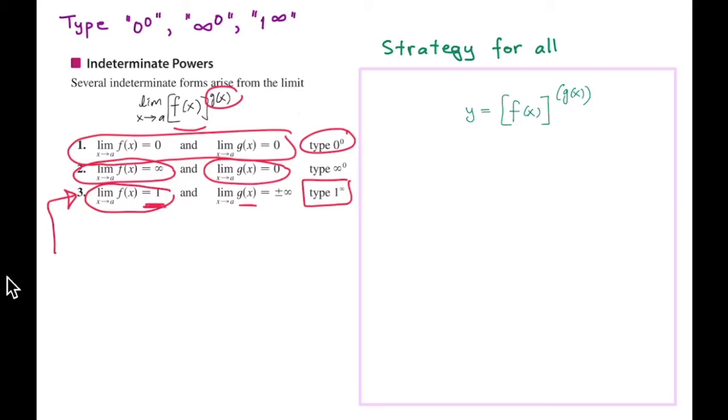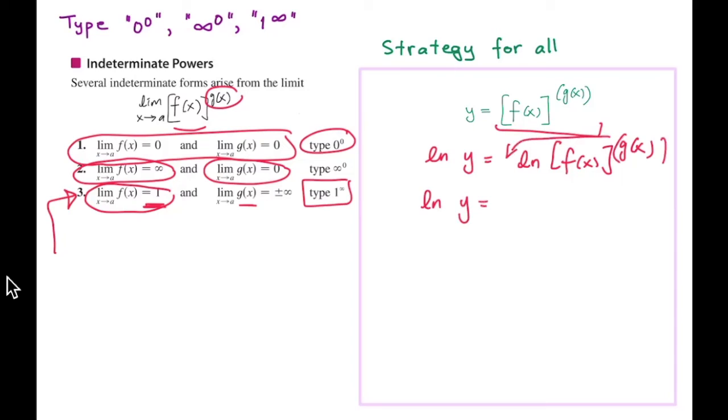First, you write down just the function and set it equal to y. And then you take the natural log of both sides. And we will bring g down here. So now we have g times the natural log of f.